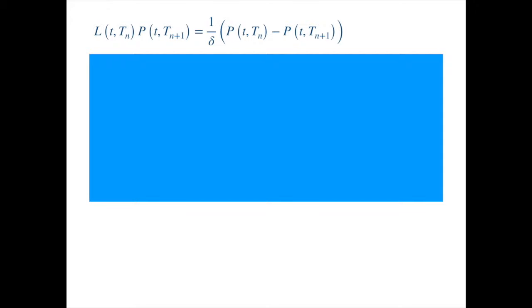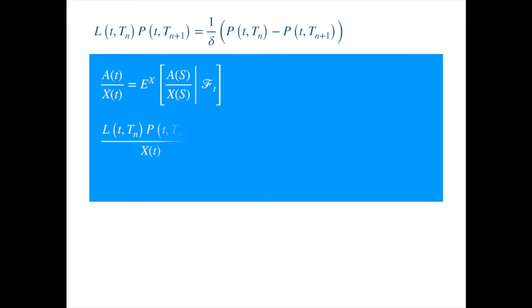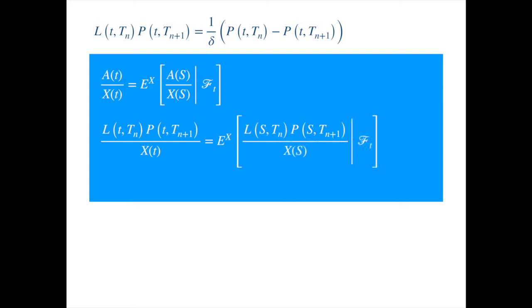We know that the price of a traded asset, expressed in the units of another asset, is a martingale under the some probability measure. So this must hold for our LIBOR times the zero coupon of the indicated maturity.